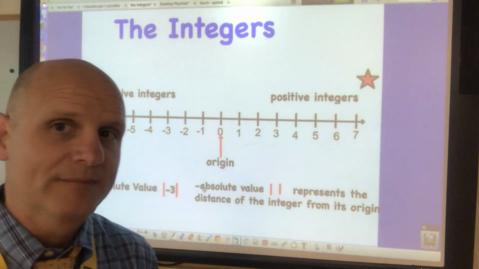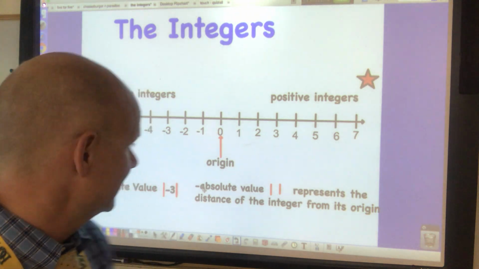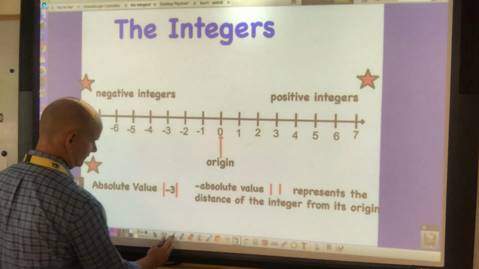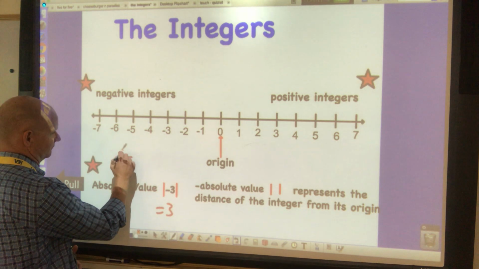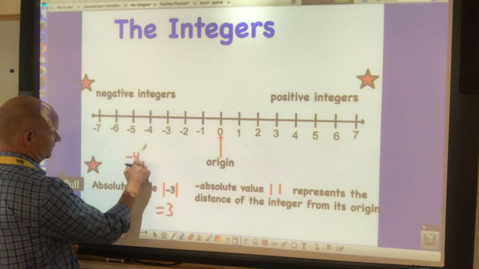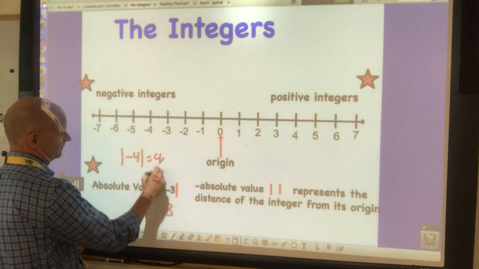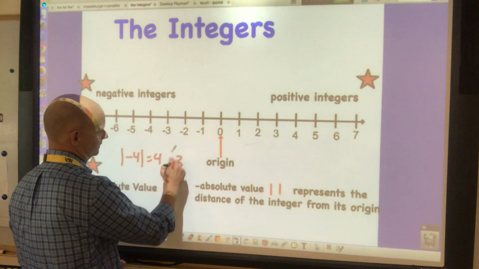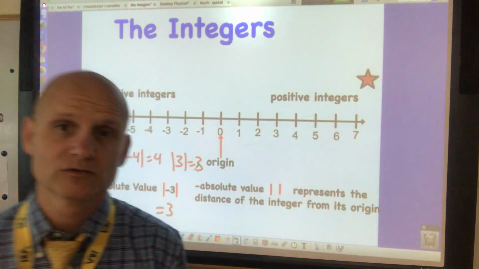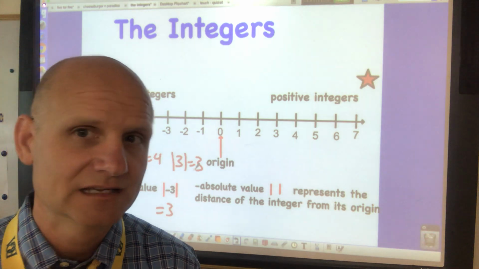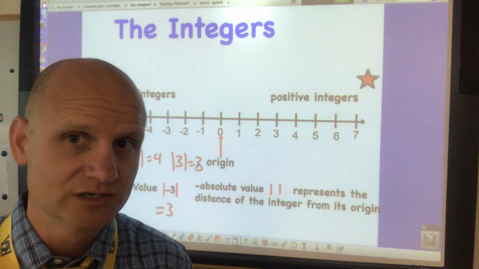What's the absolute value of -3? The answer is 3. The absolute value of -4 is 4. The absolute value of 3 is 3. When you say absolute value, it's just saying the distance away from 0.